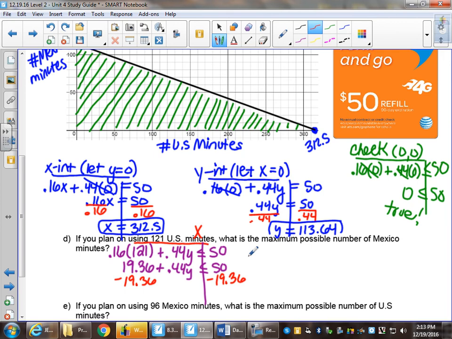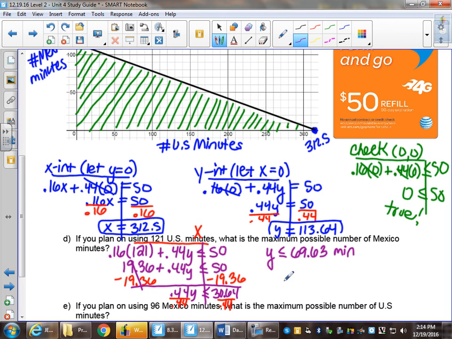So 50 minus 19.36. We get 0.44y less than or equal to 30.64. Divide by 0.44. Divide by 0.44. We get y is less than or equal to 69.63 minutes.